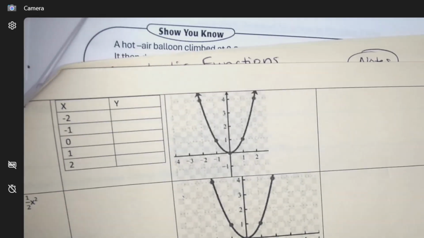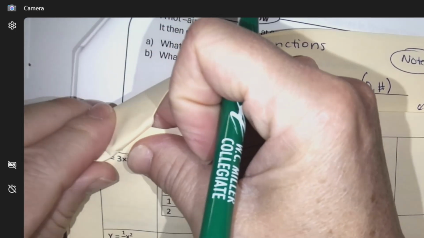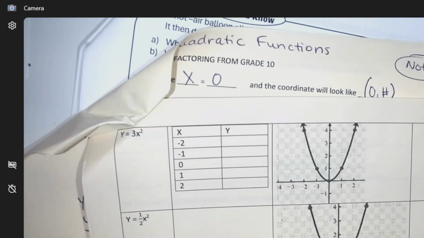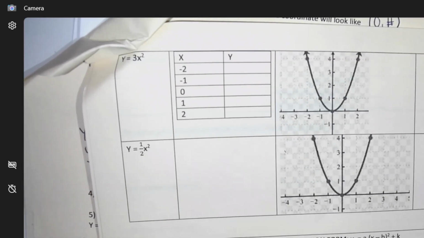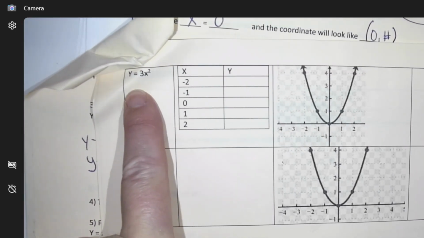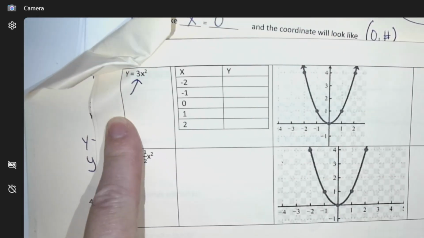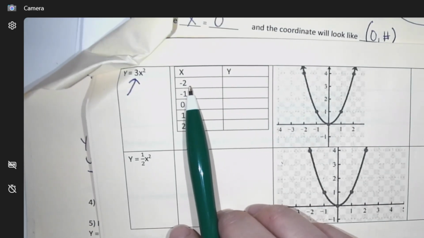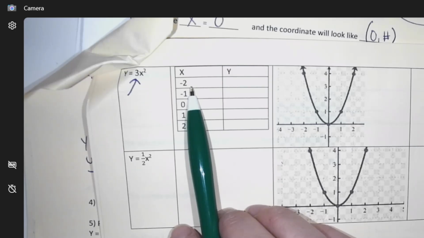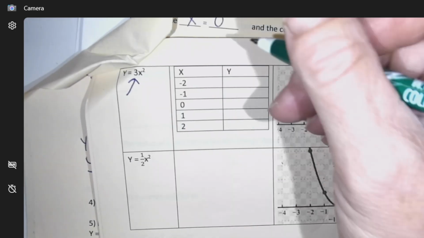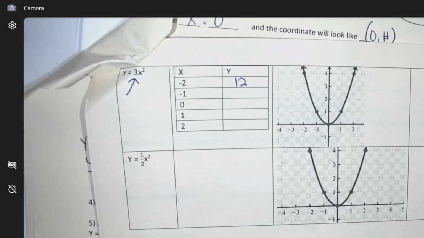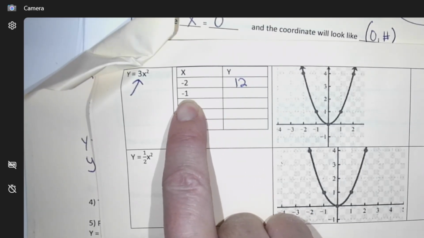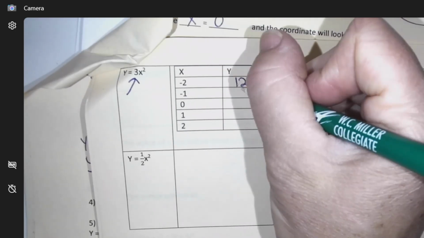Okay, 2 more here. Okay, this time I have a 3 in front. So it's a multiplier, so you're going to have to square and then multiply. Negative 2 squared is 4 times 3. So 12. Negative 1 squared is 1 times 3.